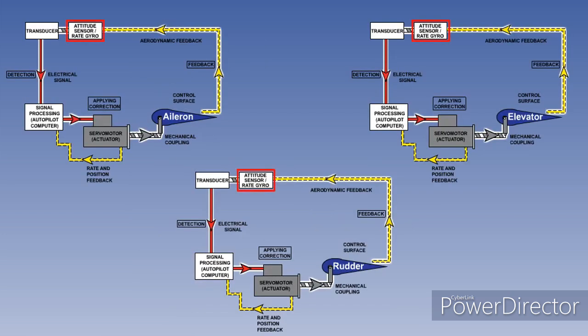There is an inner loop for each axis of control, each having its own gyro, computer, servomotor, and control surface. Although in a modern autopilot, there may be one computer with separate channels of computation within it.